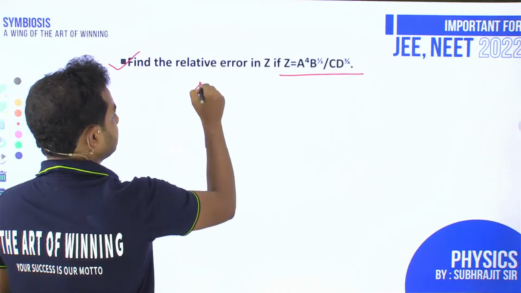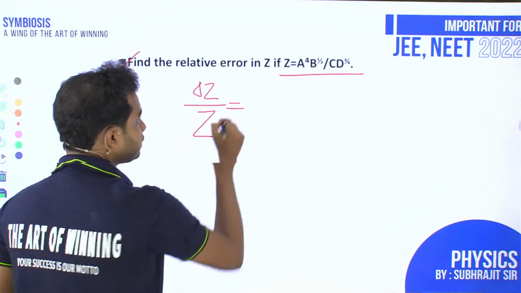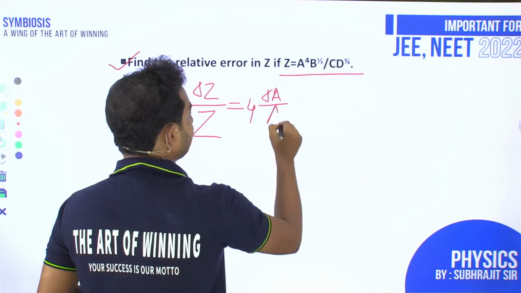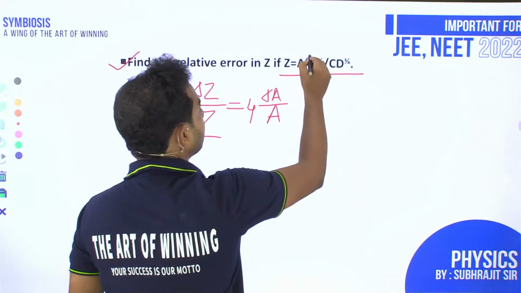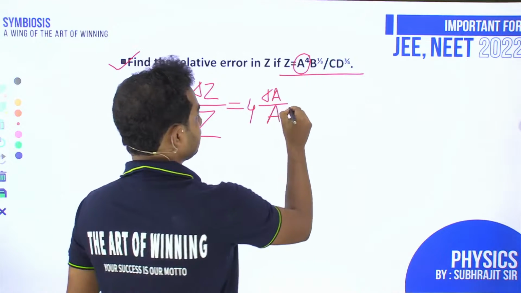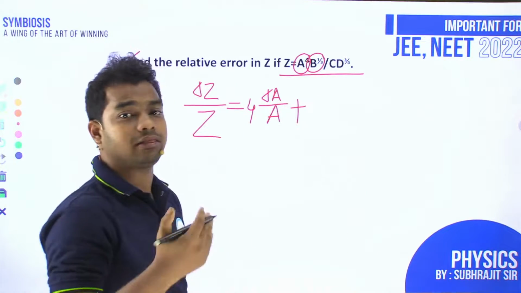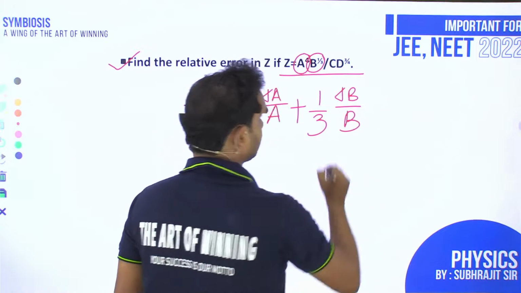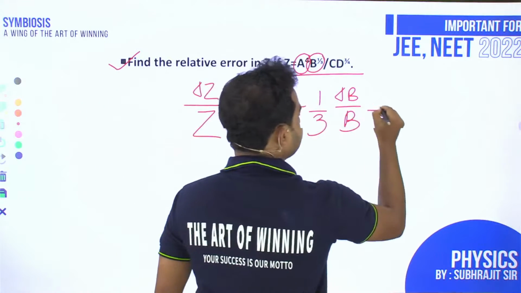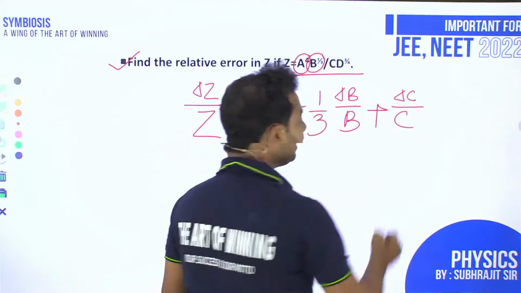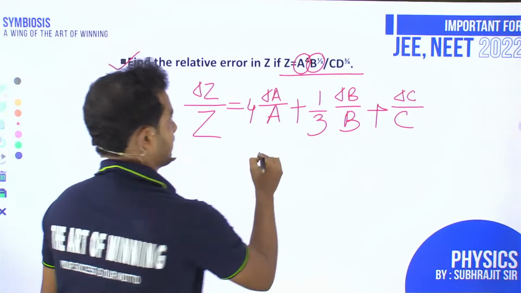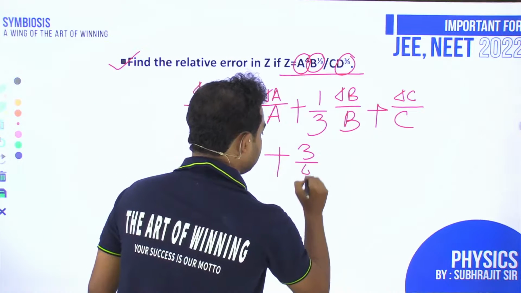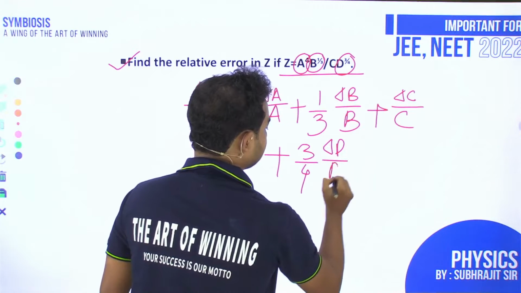Here del Z divided by Z equals 4 into del A divided by A, for A to the power 4, plus 1/3 del B by B for B to the power 1/3, plus del C divided by C for C, and plus 3/4 into del D divided by D for D to the power 3/4.